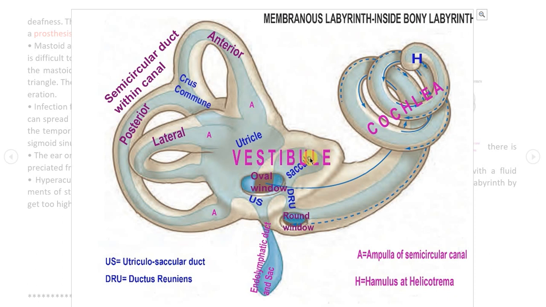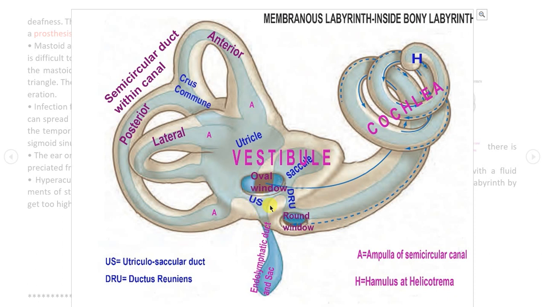That means in bony labyrinth both are in one box, that is called vestibule, and in membranous labyrinth, inside bony labyrinth, it is divided in two parts. This is utricle and this is saccule. They both are uniting here.